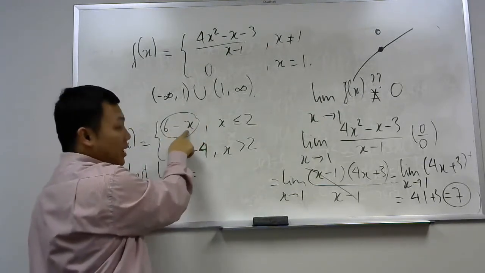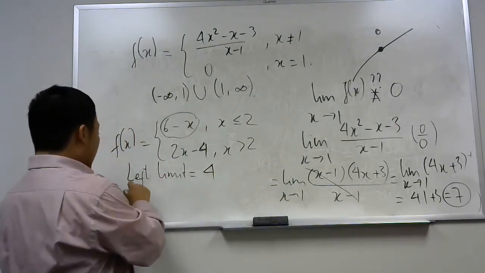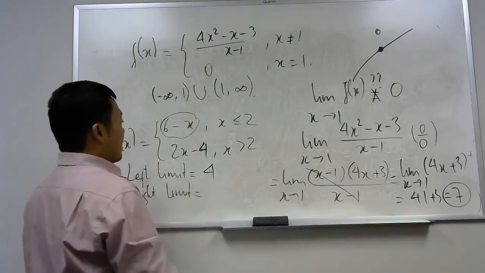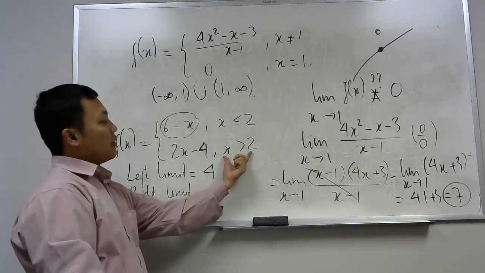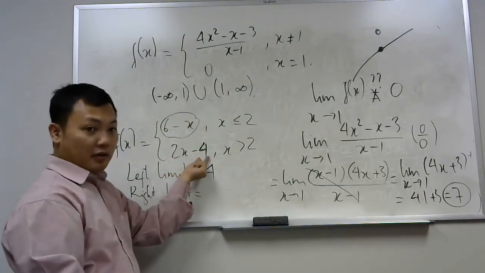You get 6 minus 2, which is 4, right? And for the right limit, you take the part corresponding to x greater than 2 and plug 2 into it. You get 2 times 2 minus 4, which is 0.